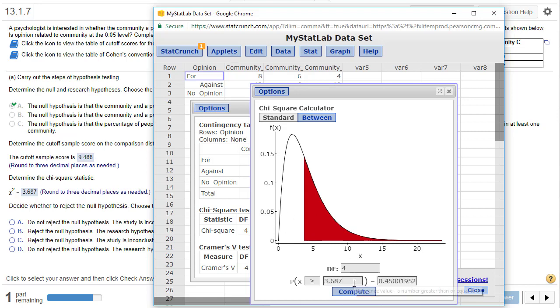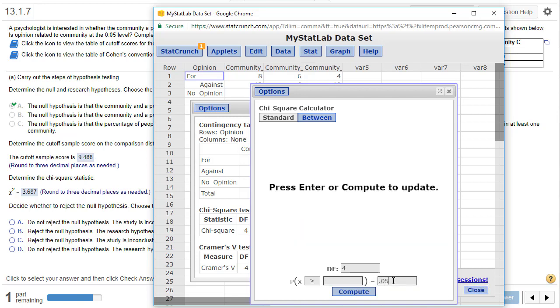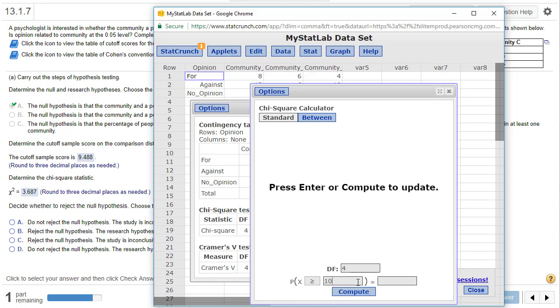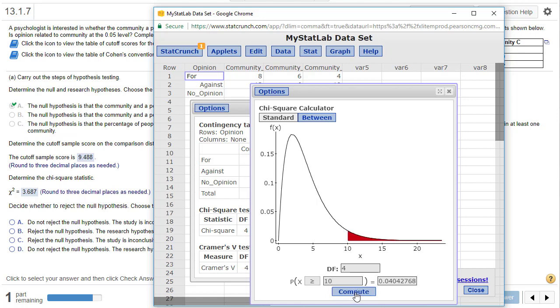So this is why we don't reject. So what was our cut score? If I put in 0.05 here, it should be pretty close to 9.488. And it is 9.488. That's 0.05. If we land in here, that would be very unlikely, right? And if my chi-square statistic were, let's say, 10, the likelihood of that happening is 0.04. And again, it's in the rejection region. So hopefully you're starting to make these connections between these values.